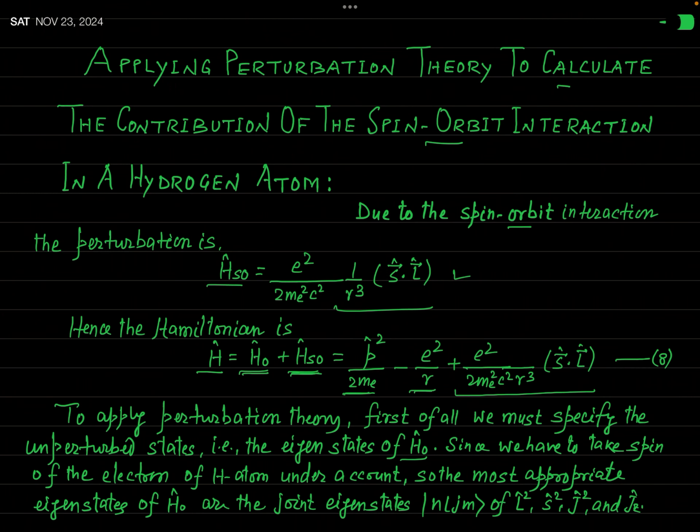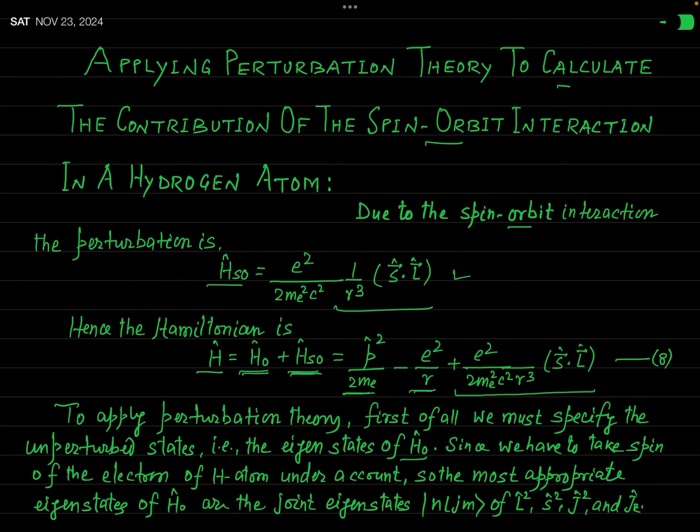Now you have studied earlier in your course on quantum mechanics that the spin of the hydrogen electron is taken into account. So the total wave function of this H naught consists of a direct product of two parts: the spatial part that depends only on space coordinates, and the spin part.